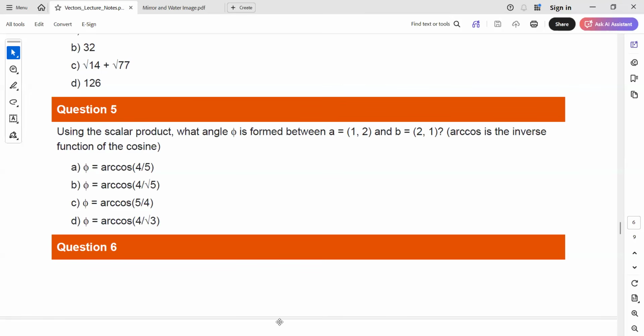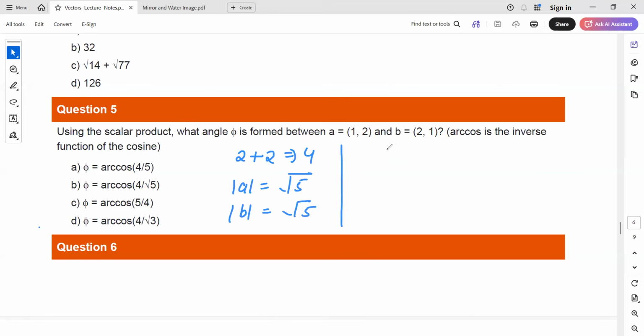A. Yes, sir. So everyone is getting the answer A. We have to find the dot product: 1 into 2 is 2, plus 2 into 1 is 2, that becomes 4. Now mod of A is under root of 4 plus 1, 5. Mod of B is also under root 5.